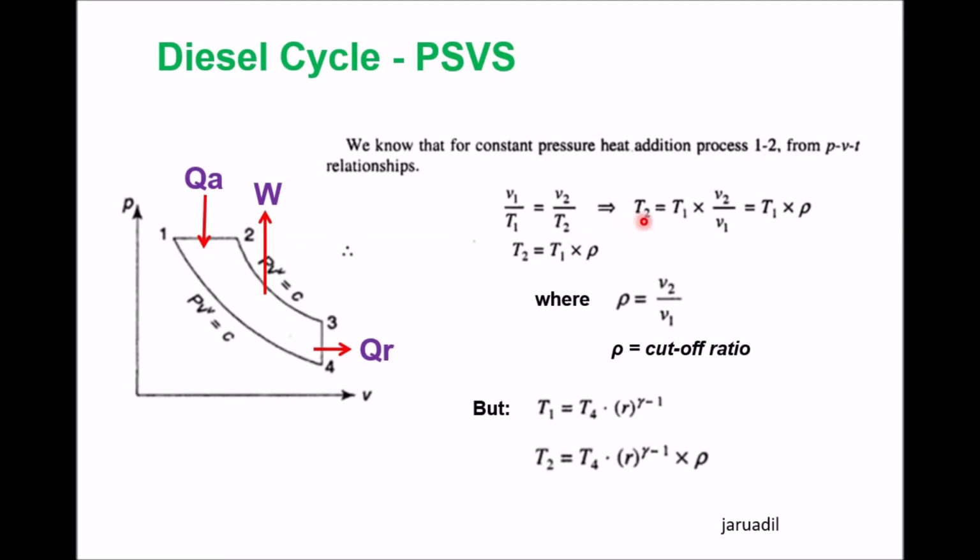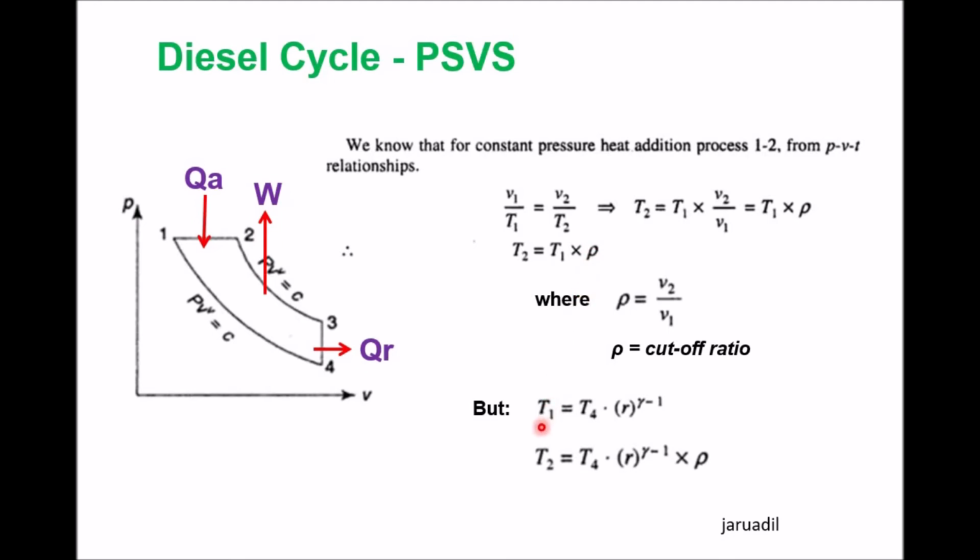Rewriting this, we have T2 is equal to T1 times V2 divided by V1. Since V2 divided by V1 is the cut-off ratio rho, we can simply write T2 is equal to T1 times rho. So that's why T2 is equal to T1 times the cut-off ratio.